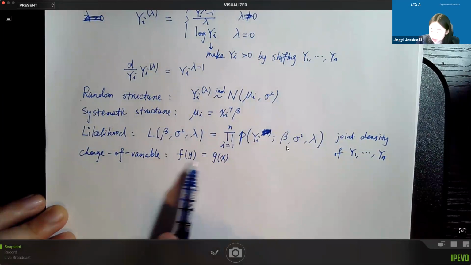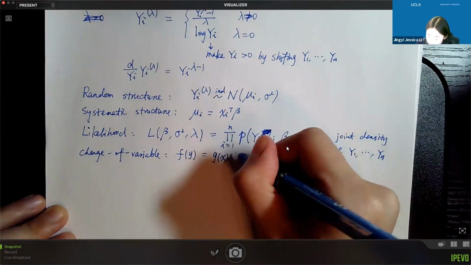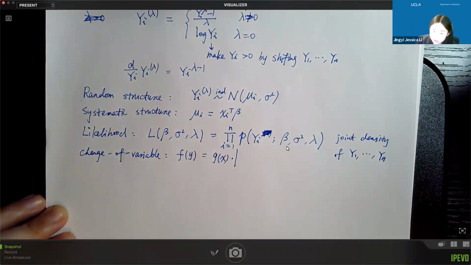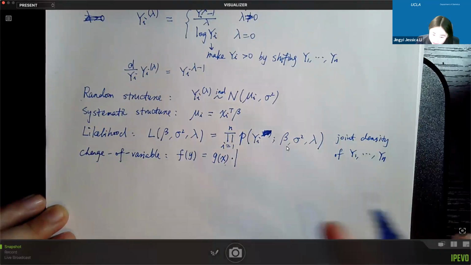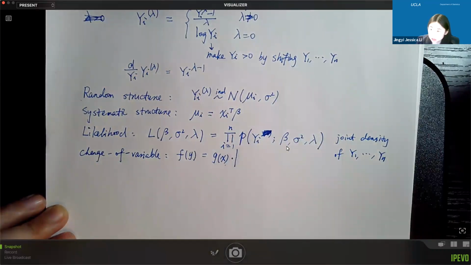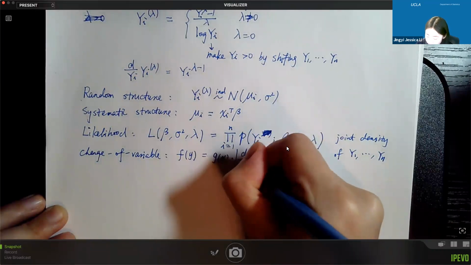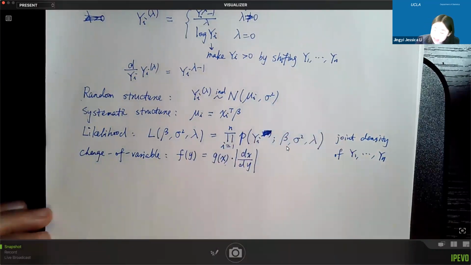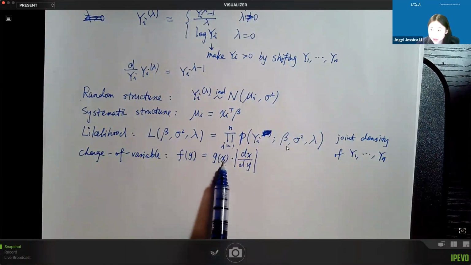Then how do I link those two? The way to do that is to add this absolute value of derivative. I'm talking about one-dimensional random variables. X is one-dimensional, y is one-dimensional. The two densities are one-dimensional. Otherwise, we need to talk about this as a Jacobian matrix and its determinant. So then we take the derivative of x against y, and you can express the density of y in terms of the density of another variable x.